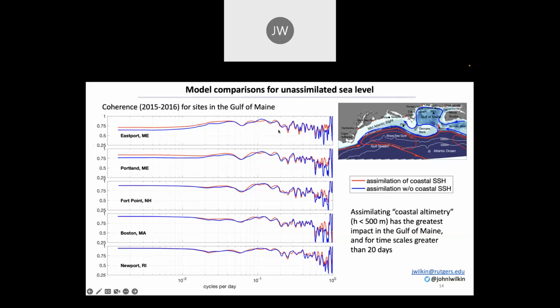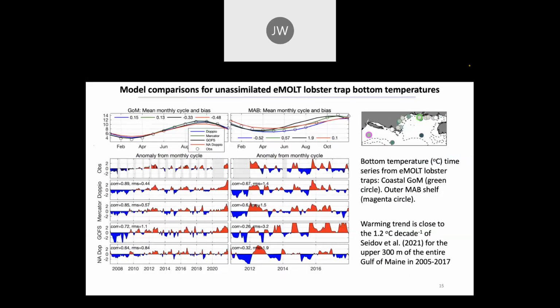It doesn't really affect the high frequencies. In the Mid-Atlantic Bight, there's really not terribly much difference. But of course, the sea level is being assimilated up to 500 meters, and we're rerunning another experiment now where we don't assimilate any altimeter data, and I think it's just going to be a disaster, but that remains to be proven.